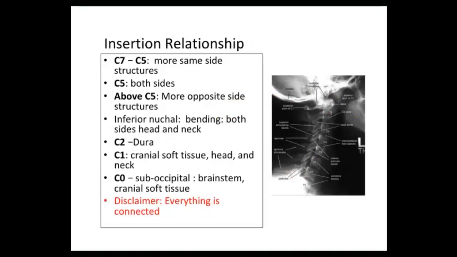So here's a couple things that you can digest a little bit. This is my disclaimer before I even start: when you touch one thing, you touch everything. Why can't we access everything from one place?